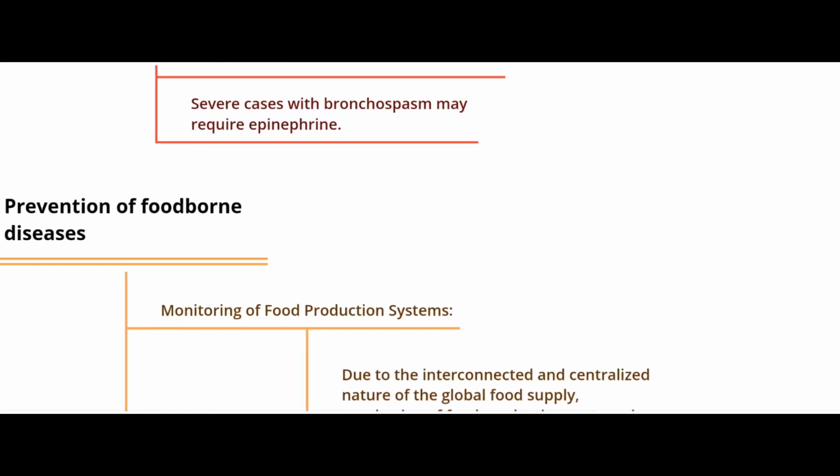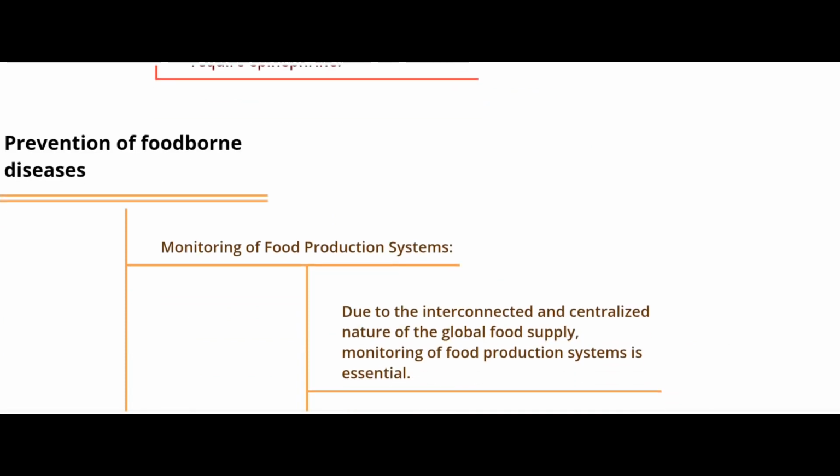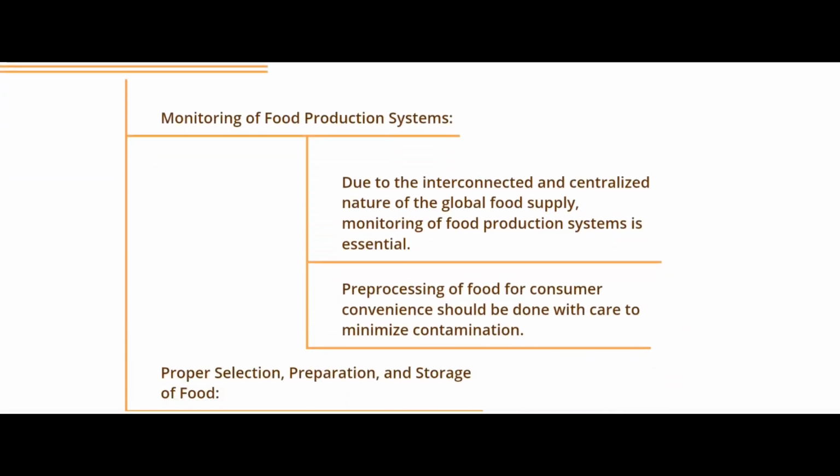So, we should monitor the food production systems. That's because we have interconnected and centralized global food supply. Monitoring of food production in this global food supply is essential. We should pre-process the food for consumer convenience, and it should be done with care to minimize the contamination.